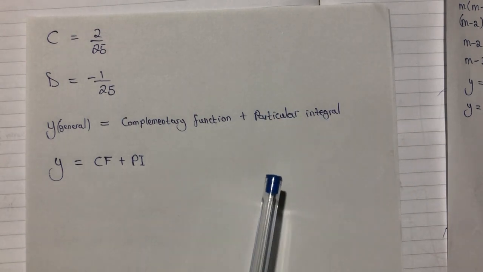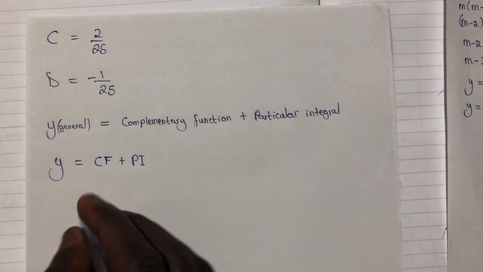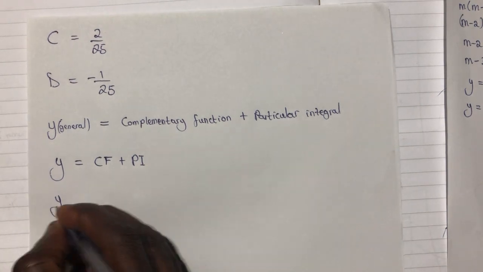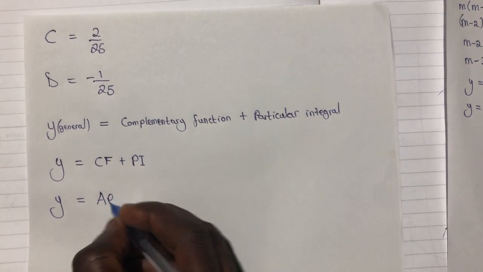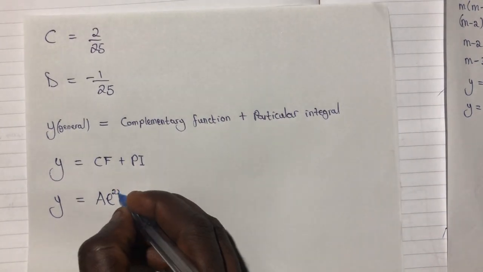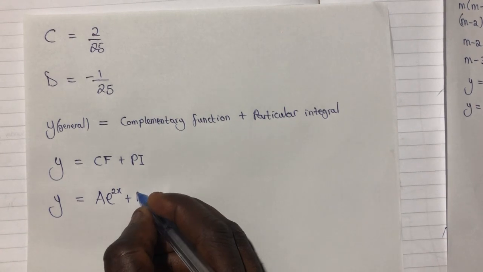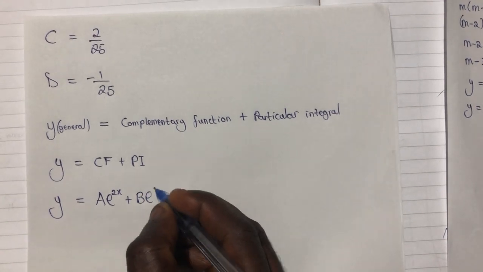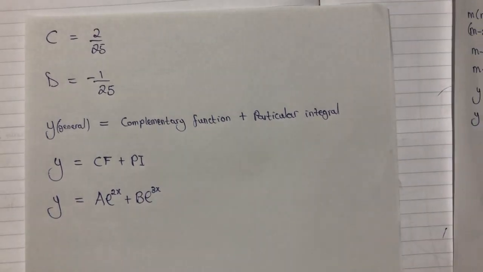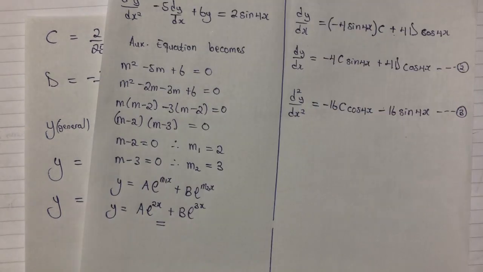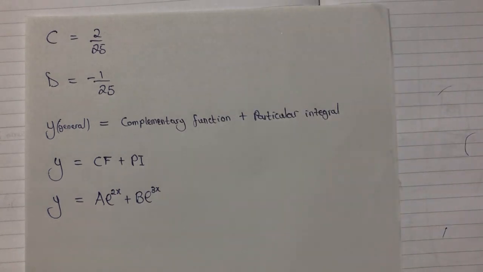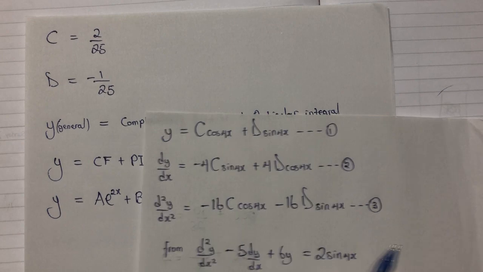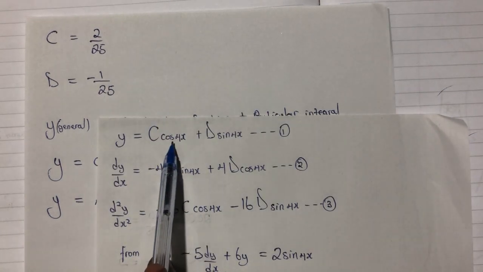What was our complementary function? It gave us a e^2x plus b e^3x.